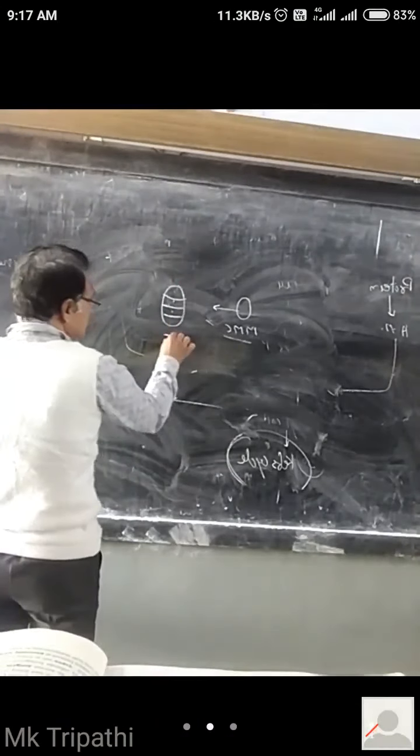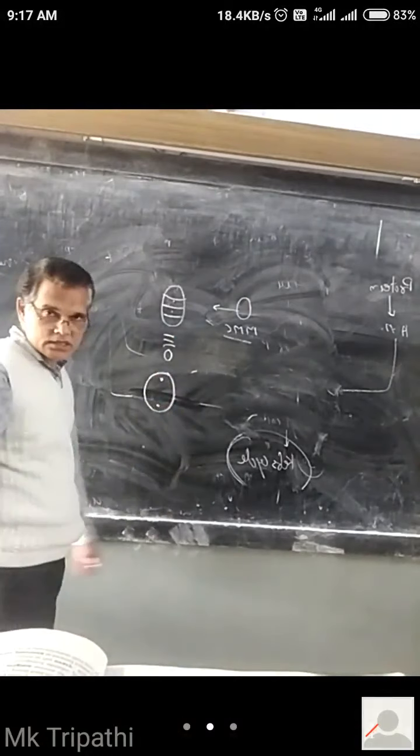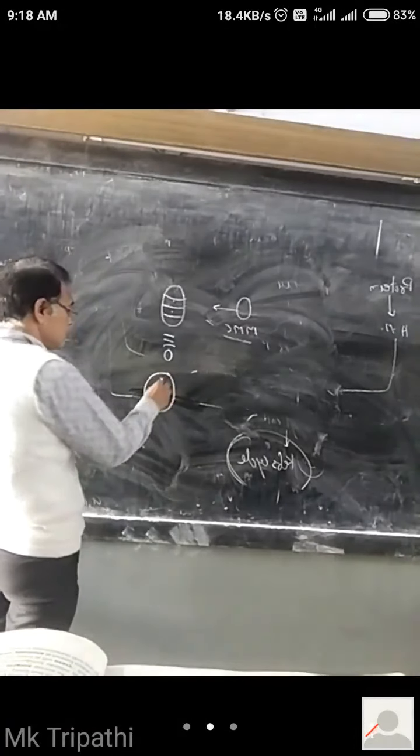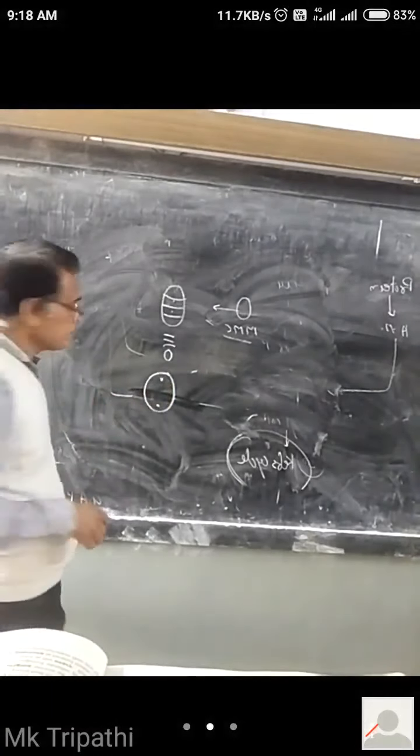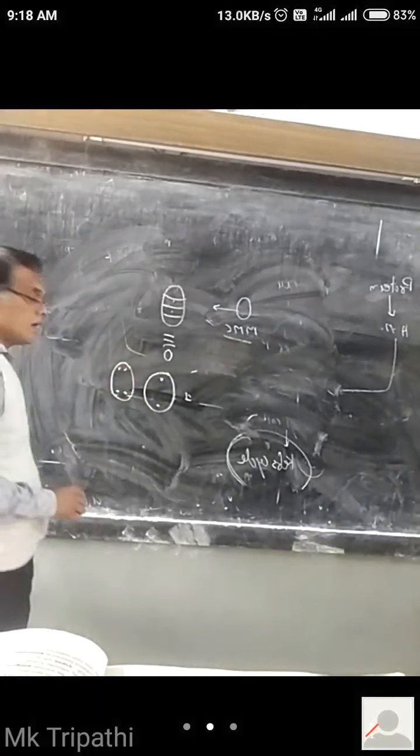This functional megaspore undergoes mitosis to form two nuclei that move towards both poles. Thereafter a second mitosis occurs, so two nuclei are formed at each pole.